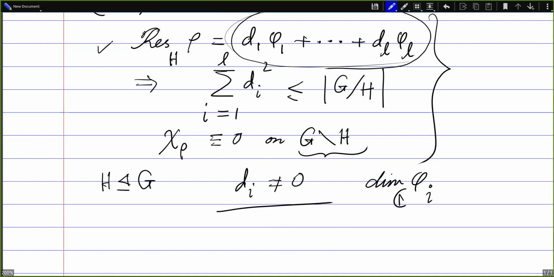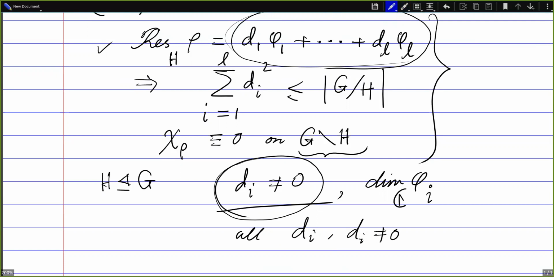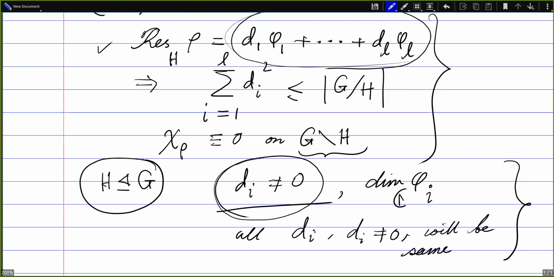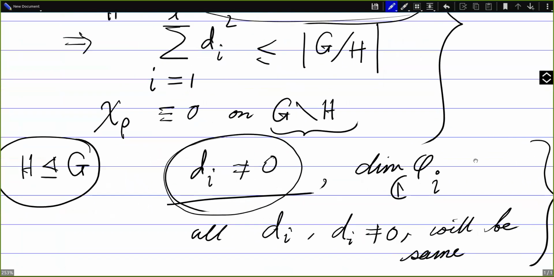And furthermore, all d_i such that d_i is not equal to 0 will be the same. This is what we prove by Clifford's theorem, under the assumption that H is normal in G.